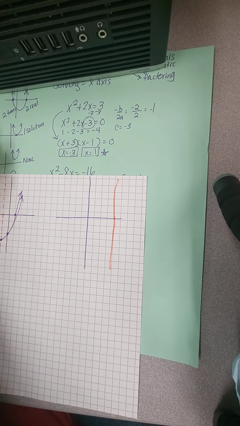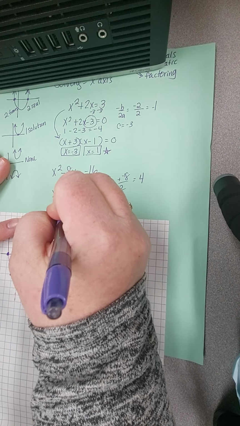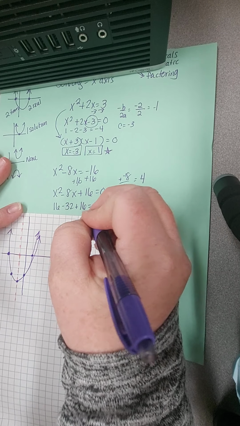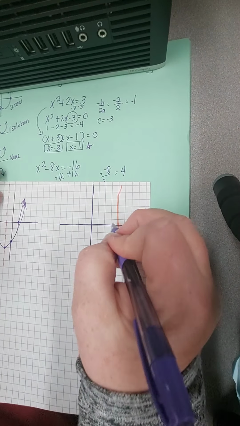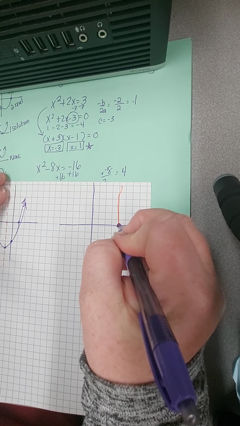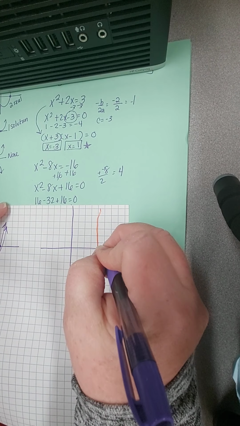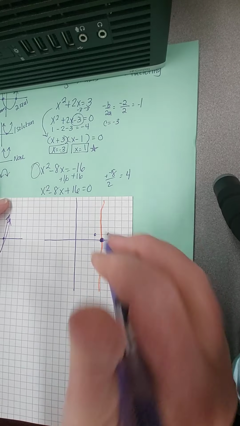And if I plug that back in, 4 squared is 16 minus 32 plus 16 equals 0. 0 equals 0. Oh, so I'm right here. So that means I must be sitting right on the x-axis. Up 1 over 1 for my slope, because my slope is 1.